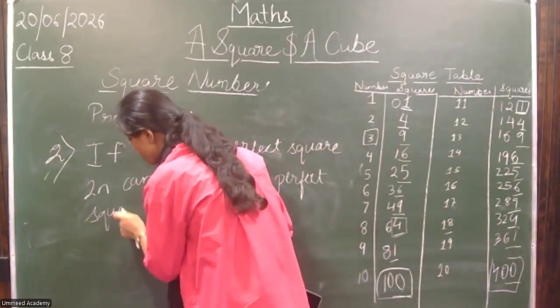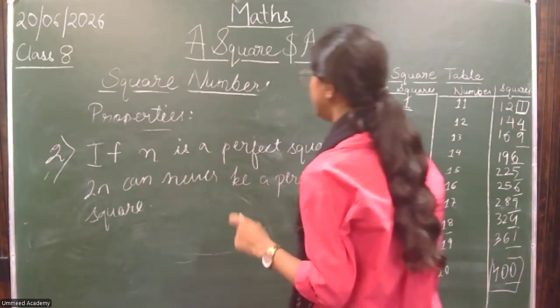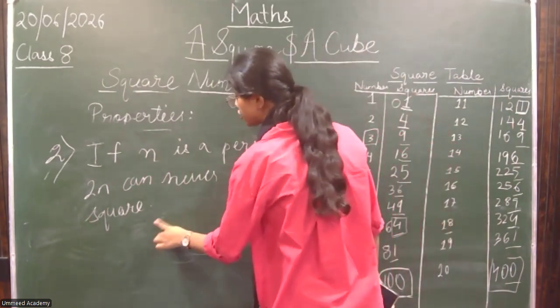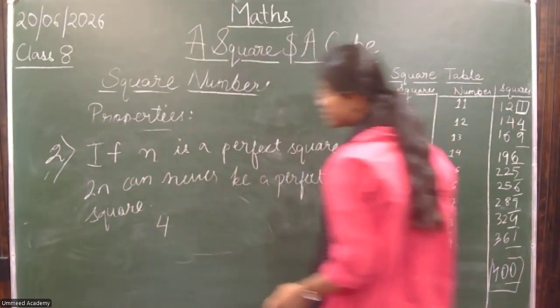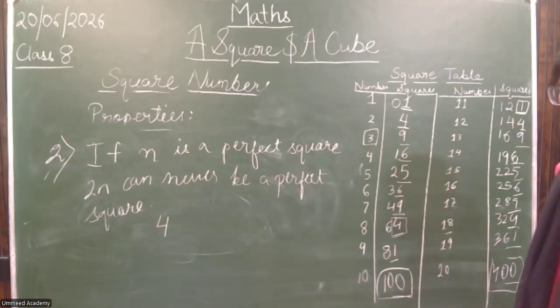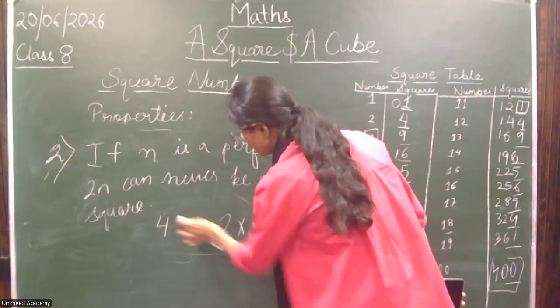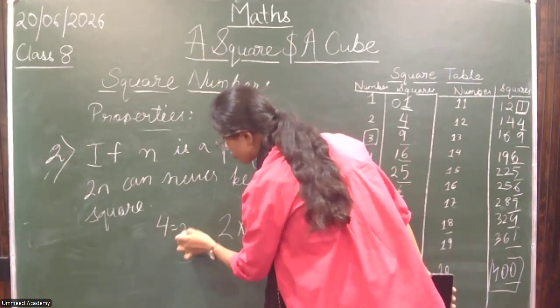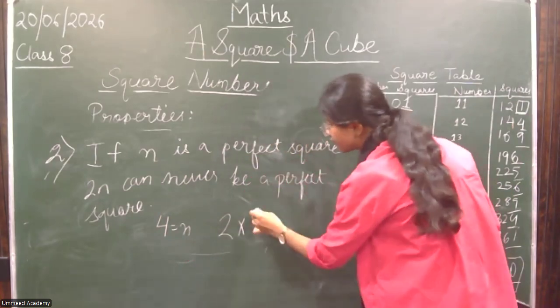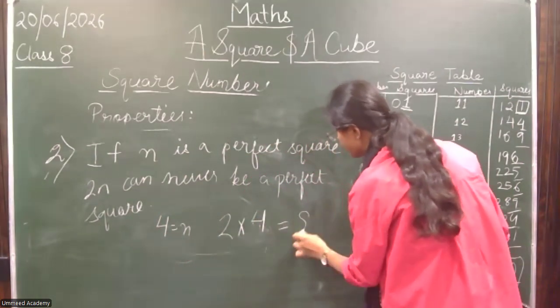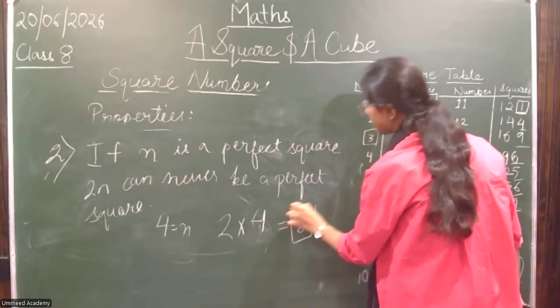Look. For example, 2 is a perfect square, 4 is a perfect square, right? Is 4 a perfect square? Yes. Now, 2 into 4, we are taking n as 4. So, 2n is 2 into 4, that is 8. Is 8 a perfect square?